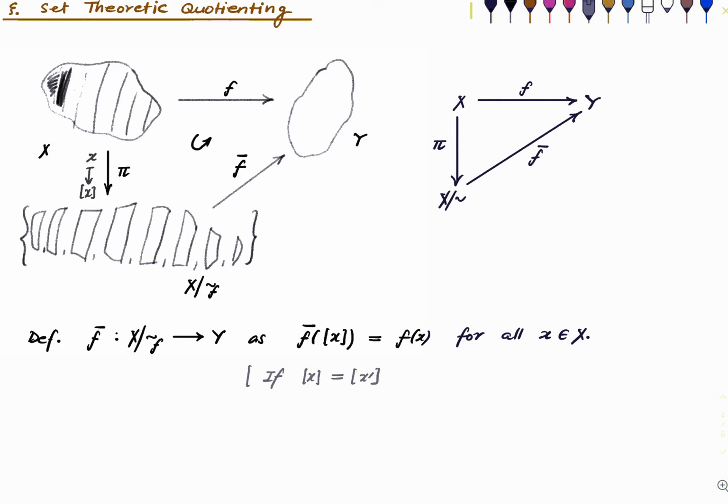What we want to show is that f of x is equal to f of x prime. That is exactly what it means to say that f bar is well defined. But what does it mean to say that x and x prime have the same equivalence class? It means x and x prime are in the same fiber, and that exactly means that they have the same image. So f of x equals f of x prime, and hence f bar of that element is f bar of this element, and hence f bar is well defined.